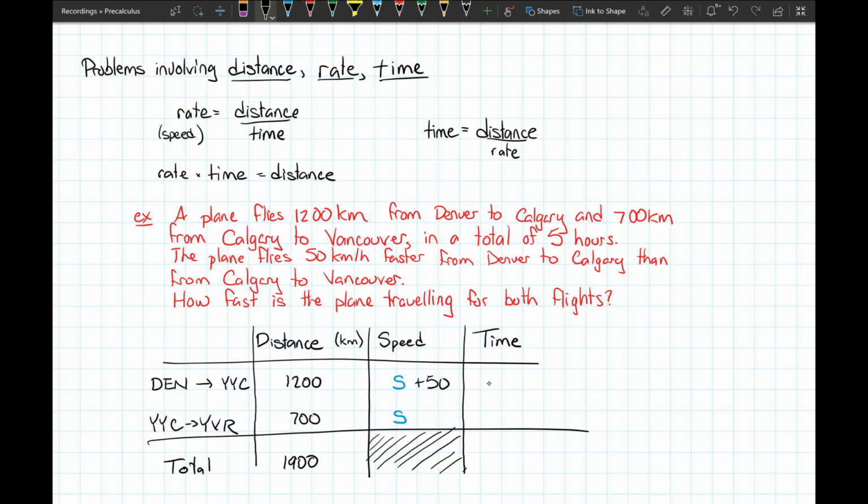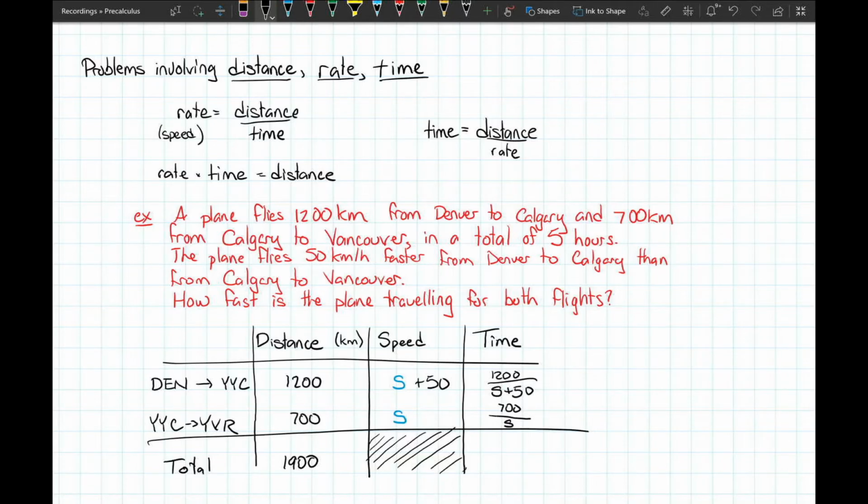Using that relationship, time from Denver to Calgary would be the distance from Denver to Calgary divided by the speed at which it was traveling, which we said was S plus 50. Now, for the flight from Calgary to Vancouver, we have a distance of 700 divided by a speed of S.